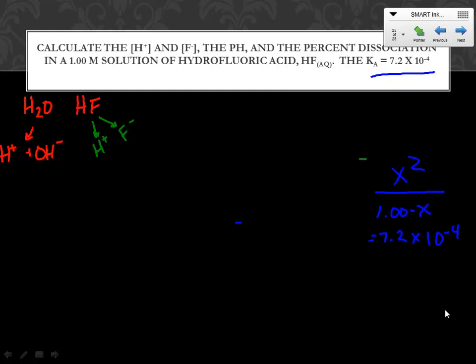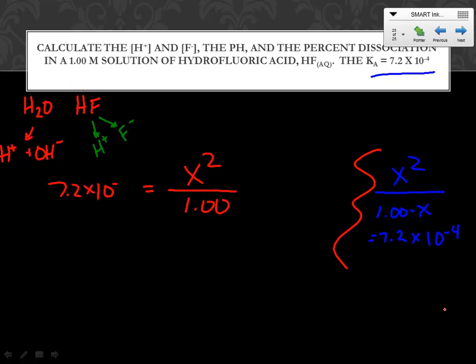If we take this law of mass action and solve for our X value, we can actually, in this particular case, make the assumption, which is going to give us an X squared over 1 equals our 7.2 times 10 to the minus 4th. And this is going to give us an x value of 2.7 times 10 to the minus 2.